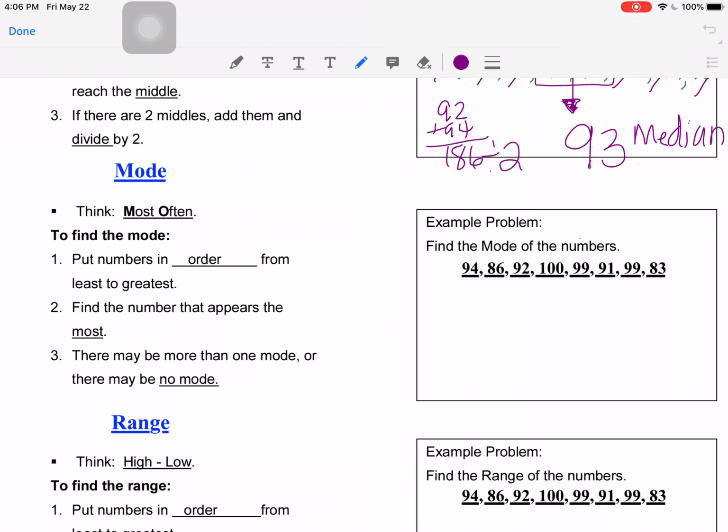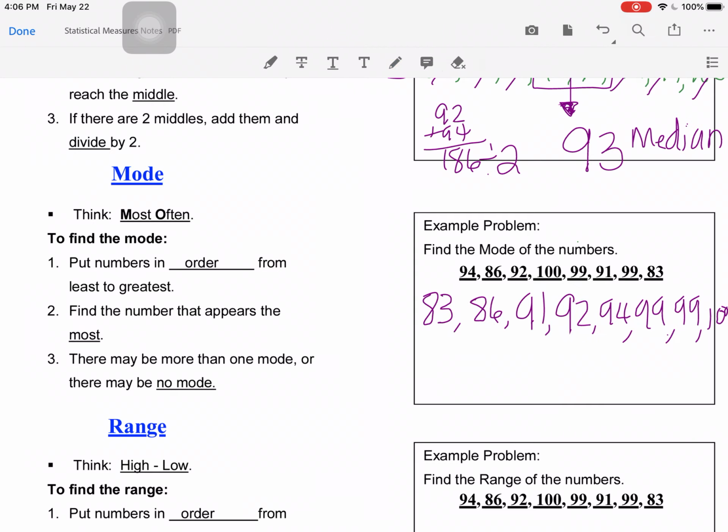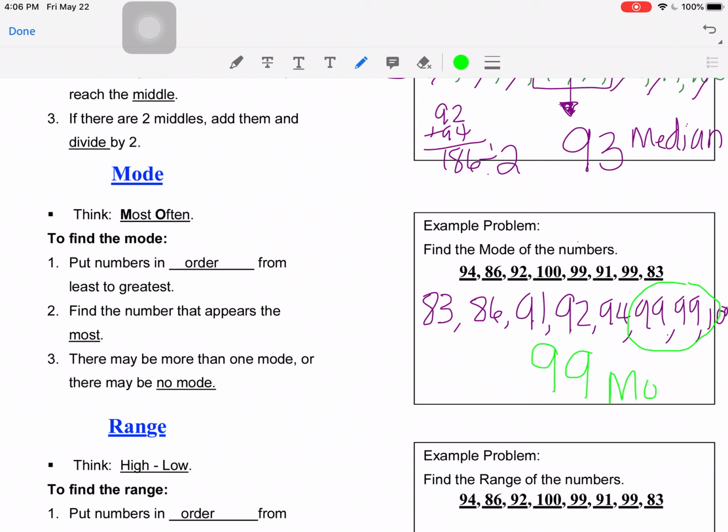So we put them in order from least to greatest. Okay. And we look for the number that occurs the most. So the number that occurs the most is 99. So 99 will be our mode.